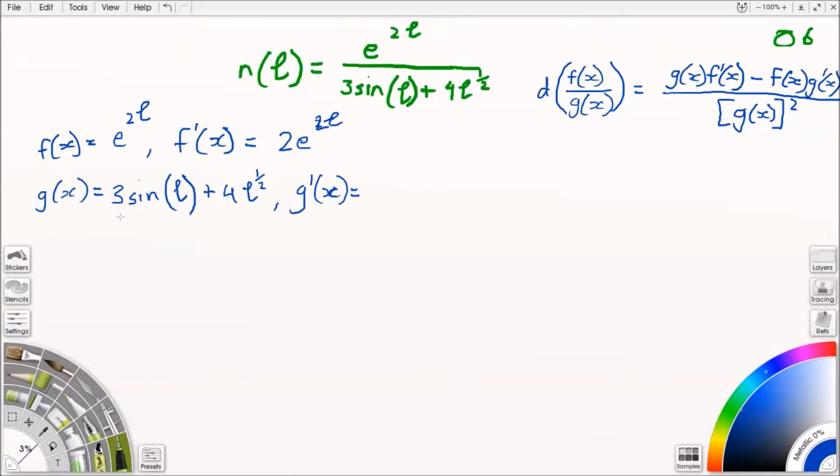Alright, and now the derivative of this, well, the derivative of sine is cos. So we now have 3 cos L, and then we derive this. Now I'm going to try just jump straight to the final answer.